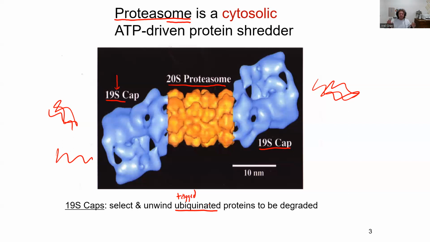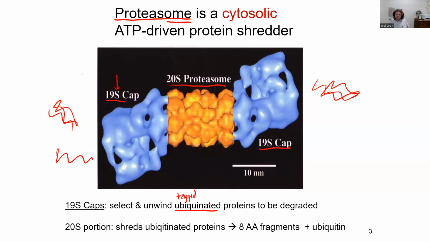So the 19S caps grab onto the proteins and unwind them. They take whatever structure they have and make it a linear chain. Those linear chains are then fed into the 20S proteasome. So it's almost like this protein right here, protein A, is going to be picked up by the 19S cap.